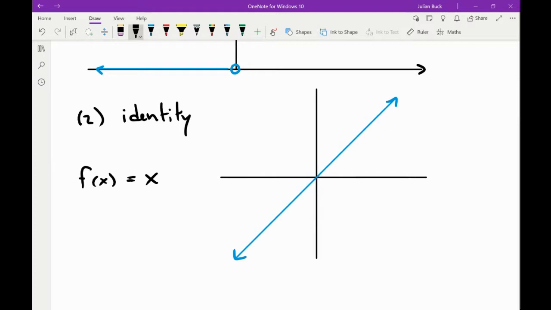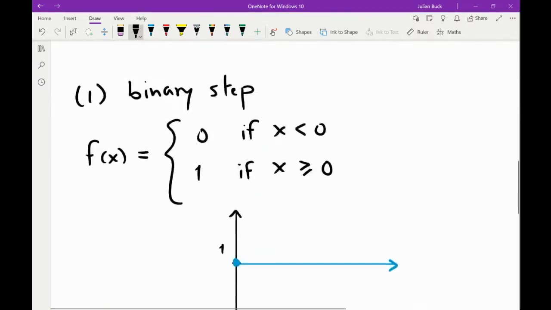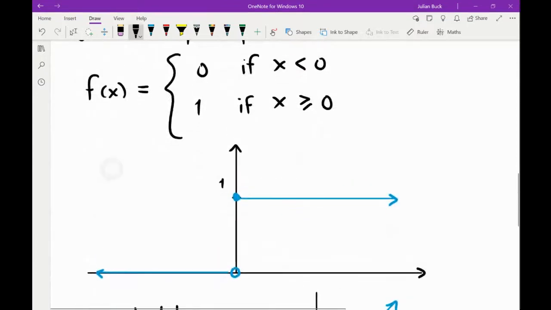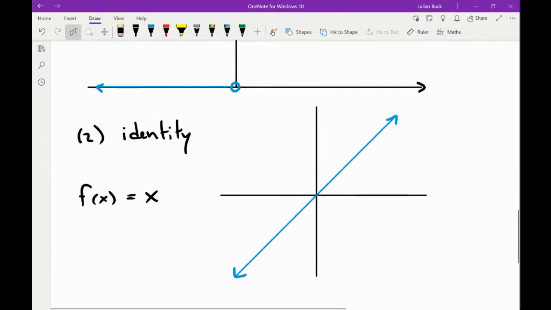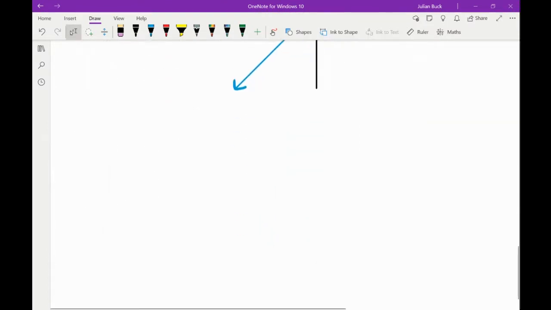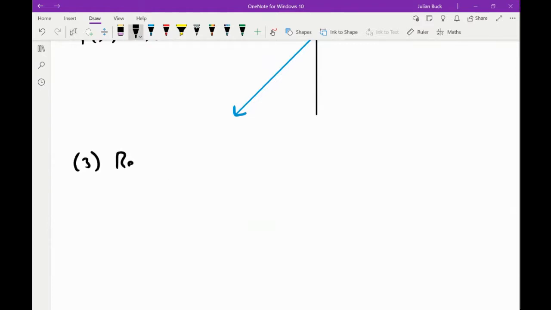So what we want to do is combine together these two basic ideas, that the binary step has a fire, not fire boundary, so to speak, and that the identity function transmits signal intensity. And to do that, we define what's called the rectified linear unit, ReLU.